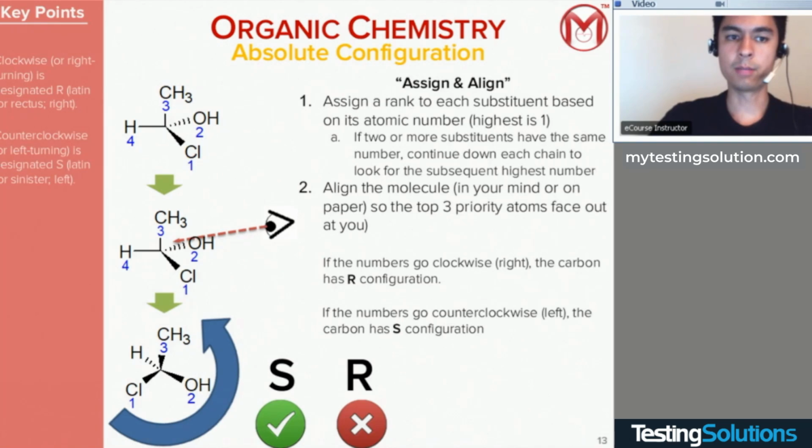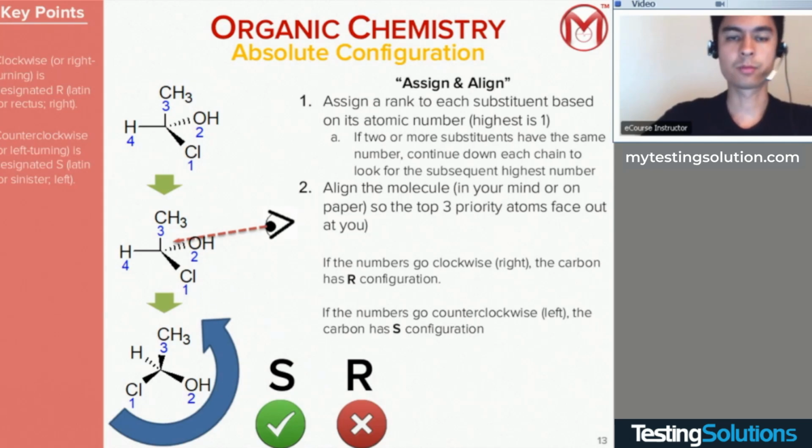Now, we've identified that the mirror image of this molecule is not the same as itself. Those are two different molecules. And so we need a way to distinguish them. They're going to have basically the same reactive properties. There's going to be almost no way to really distinguish them.